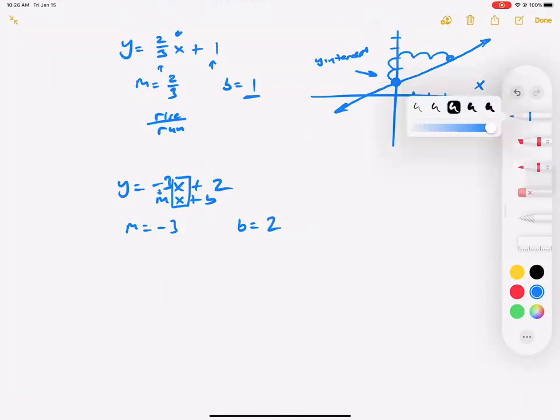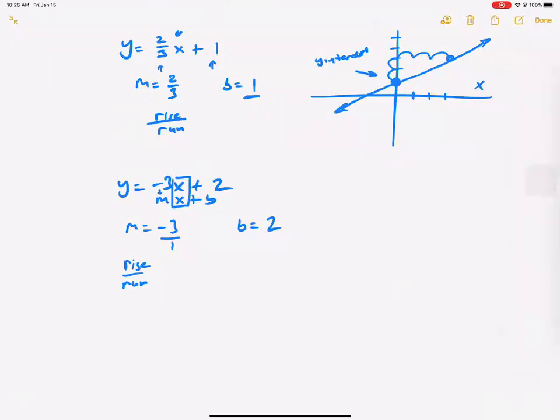We always describe slope as rise over run. So I'm going to put an invisible 1 here to make my life just a little bit easier. So negative 3 over 1. You don't have to do that, but that should be going on in your head. We could say the slope is negative 1, 2, 3 over 1, but that's going to be wrong because we have to always start with our y-intercept.